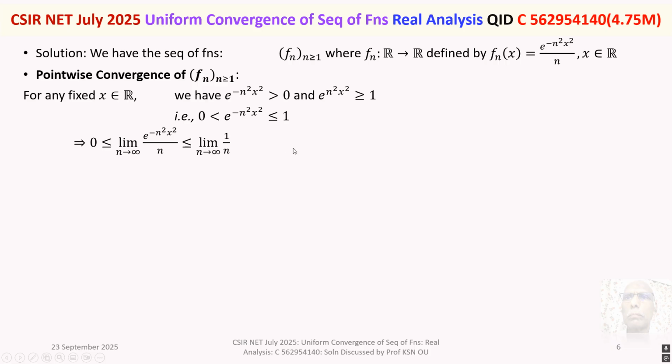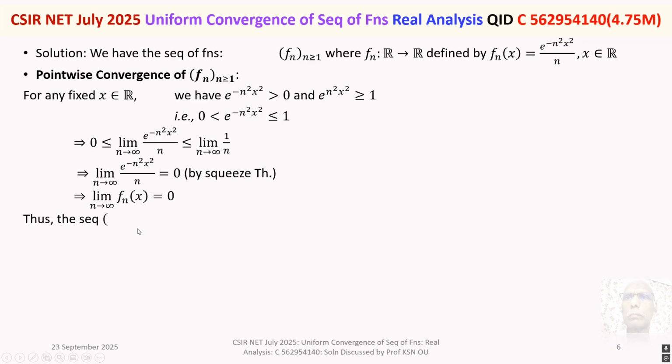Right. Now, limit n tends to infinity 1 by n is 0, and this is 0. So limit n tends to infinity of e to the power of minus n square x square by n is equal to 0 by the sandwich theorem or squeeze theorem. Thus, this implies limit n tends to infinity of Fn of x is 0.